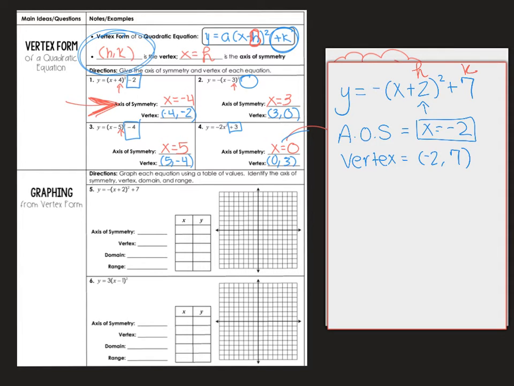Alternatively, we could take this equation and simplify it. So if I do the multiplication with the exponent first, that means that I'm looking at x plus 2 times x plus 2. You could do the box method, you could do FOIL, whatever setup you want to go with. I'm going to do the box method.